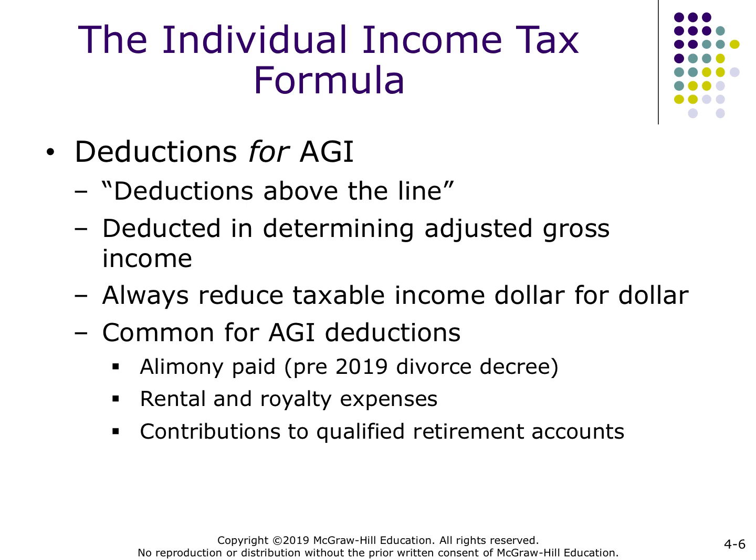We've already talked a little bit about for AGI deductions. Again, these are above the line deductions. They are how we determine our adjusted gross income. They reduce taxable income dollar for dollar.